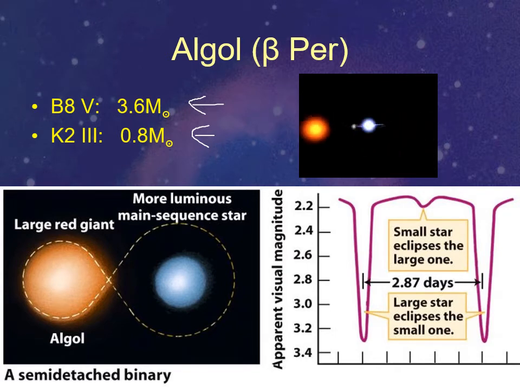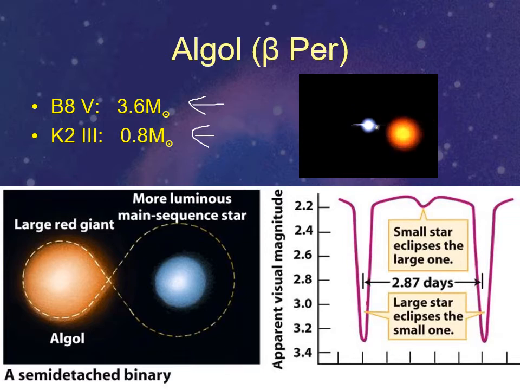And yet, in this system right here, the low mass star, the 0.8 solar mass, is a red giant. That's a dying star. Whereas the B8 star, the high mass star, the 3.6 mass star, is still in the main sequence. The V there means main sequence. So that means it's not dead yet. So what's going on here?